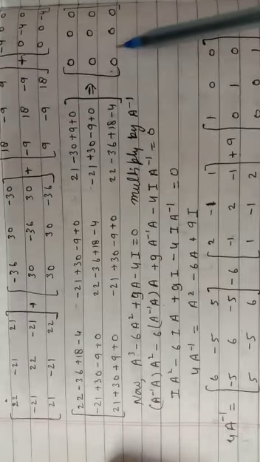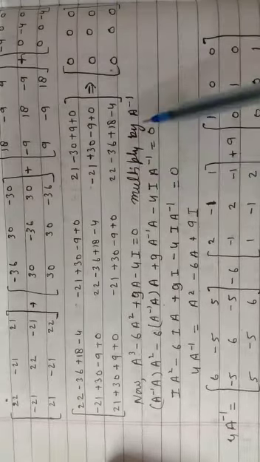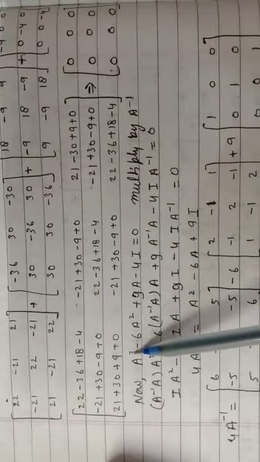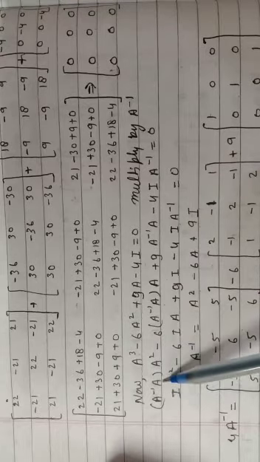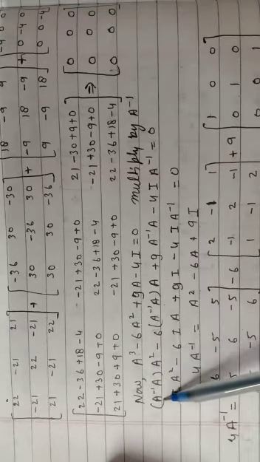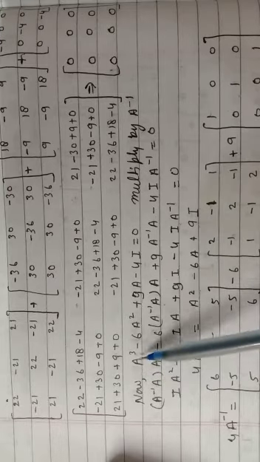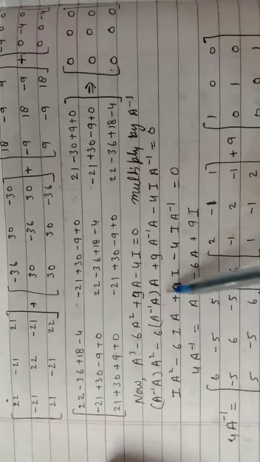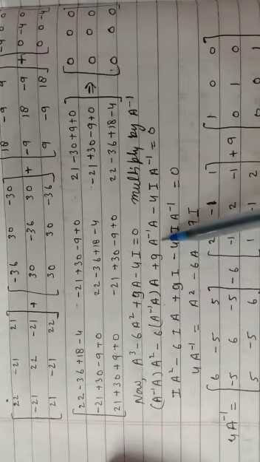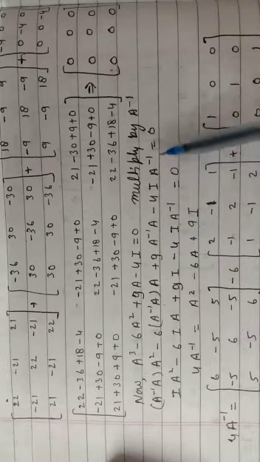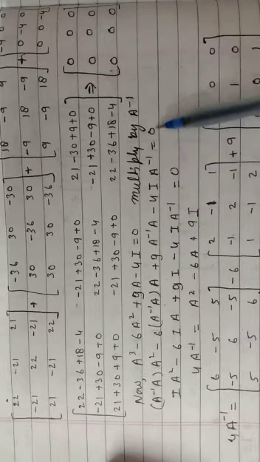So to find the A inverse, multiply by A inverse on both sides. Now A cube means A inverse A into A square. Are you going to understand? A inverse A multiplied by A cube, so A square is left, that we have written here. Minus 6 times A inverse A, and then after that, minus 9 times A inverse A, and minus 4I into A inverse, that is equal to 0.